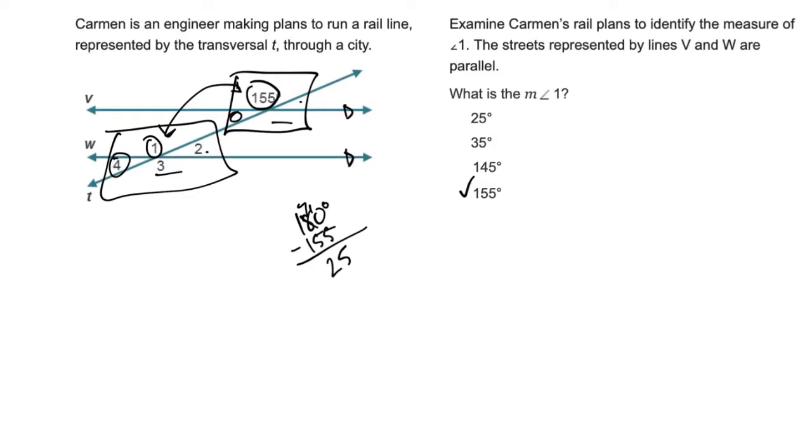So that would tell us if this is 155, I know that 3, because our vertical angles would be 155, which I know this would be 155, which means a linear pair here, 2 is going to be 25 degrees. So these are all 25, 25, and 25 degrees.